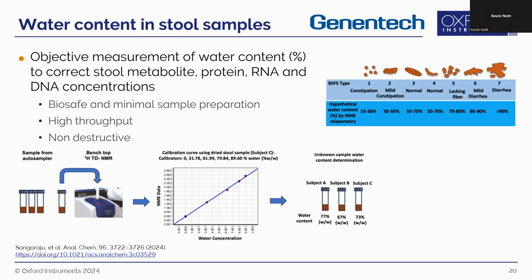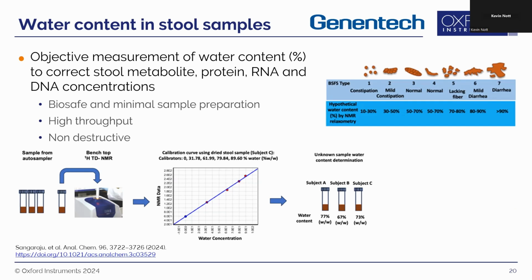However, there is interest in a more objective measurement that could be used to correct for metabolites, protein, RNA, and DNA concentrations. So calibration was generated by drying one sample, then adding known amounts of water to produce the linear curve. All samples to be measured could be contained within another tube, so it is biosafe, and no sample preparation is required.